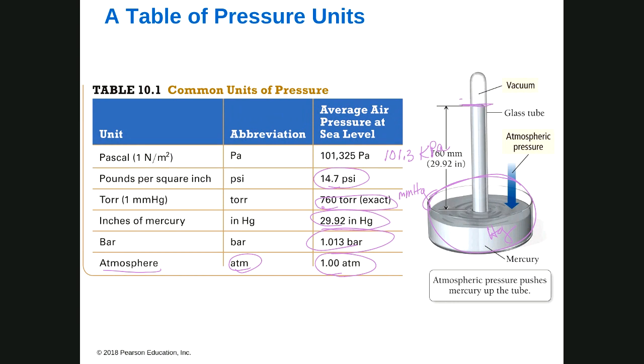They found that this was traditionally 760 millimeters or 29.92 inches of mercury in this tube. If the pressure increased, it would push on this bath and cause it to rise in the tube. If it went above 760, you could measure how many inches or millimeters it was at that time.